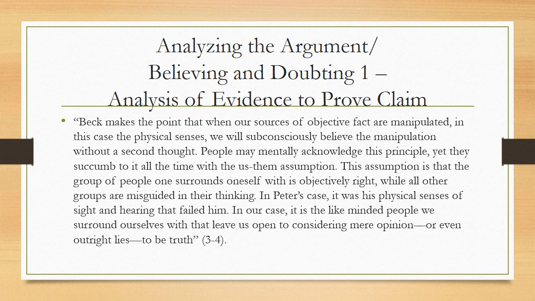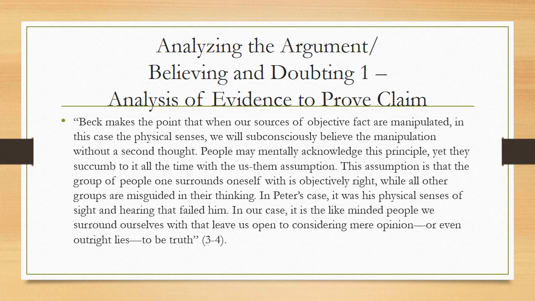Beck makes the point that when our sources of objective fact are manipulated, in this case the physical senses, we will subconsciously believe the manipulation without a second thought. People may mentally acknowledge this principle, yet they succumb to it all the time with the us versus them assumption.